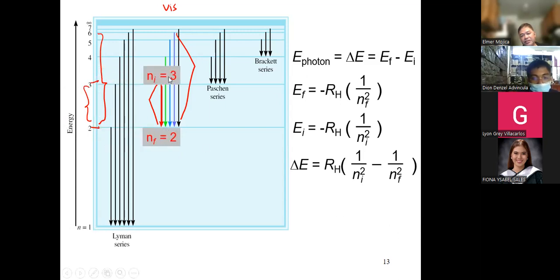So this is the n equals 3 going to n equals 2. So as you could see there, from a higher energy level to a lower energy level. So that's emission of energy. Pag n equals 2 to n equals 3, you need energy para siya tumaas. Right? From the ground state to the excited state.